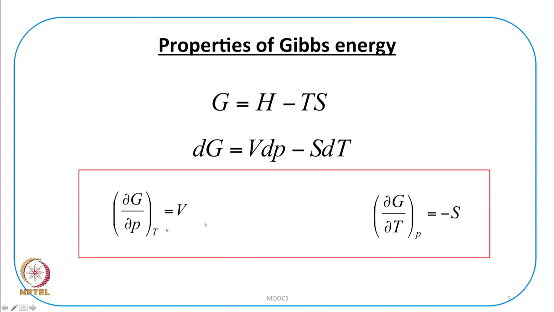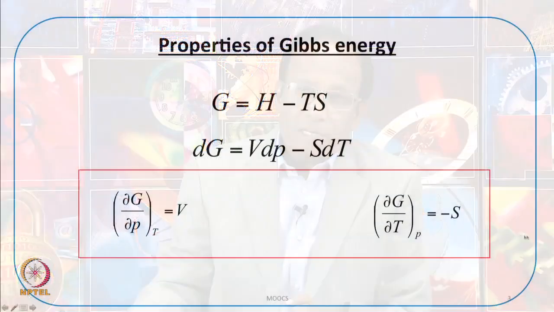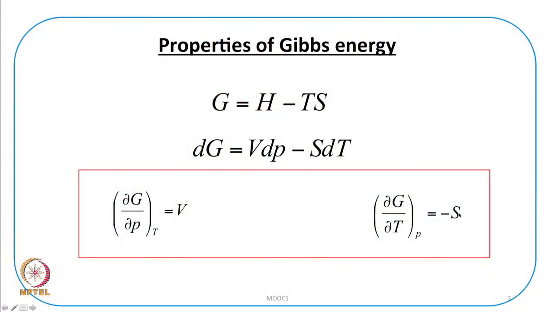So, please recognize that what we can obtain from the variation of Gibbs energy with respect to pressure or with respect to temperature can prove to be very important thermodynamic relations, because the first of these will give you the volume and the second will give you the entropy.